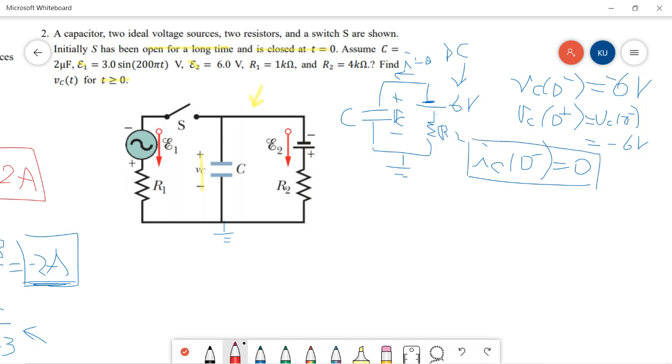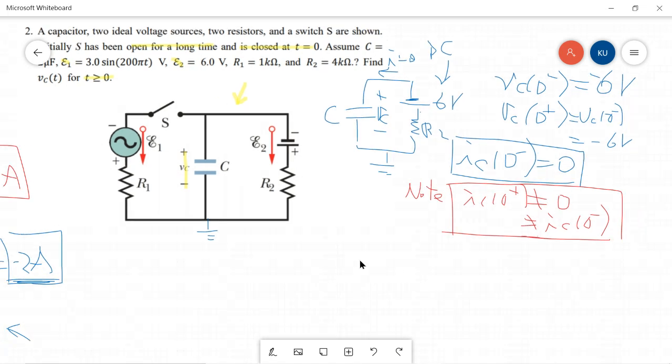However, although this is not related to this question, you should pay some attention to that IC0 plus is not equal to 0. It's not equal to IC0 minus. This is very important. For a capacitor, only the voltage is continuous, but the current is not continuous.